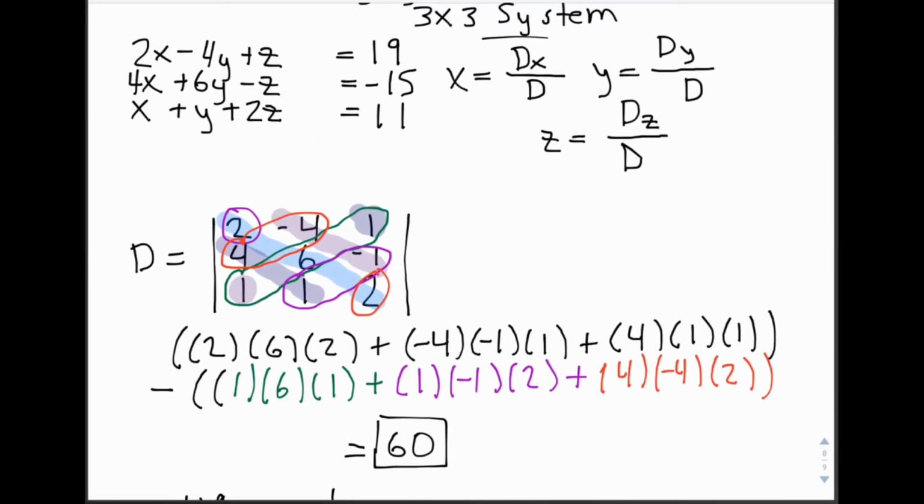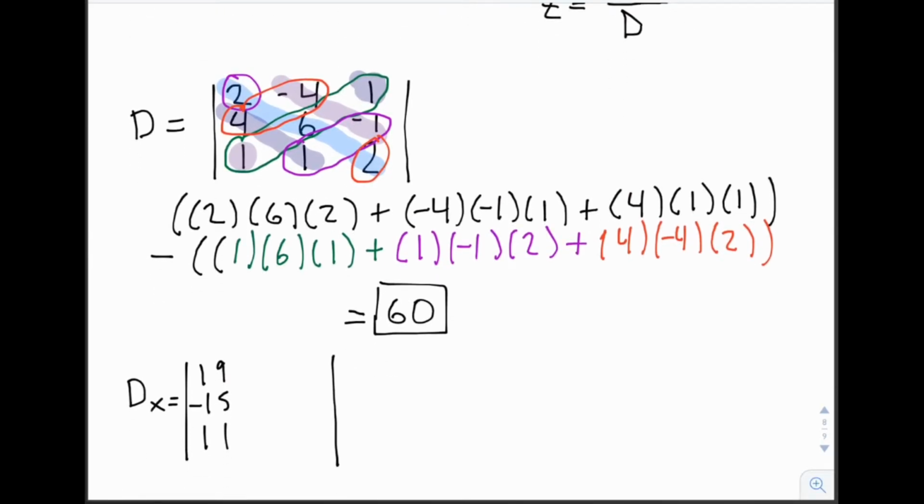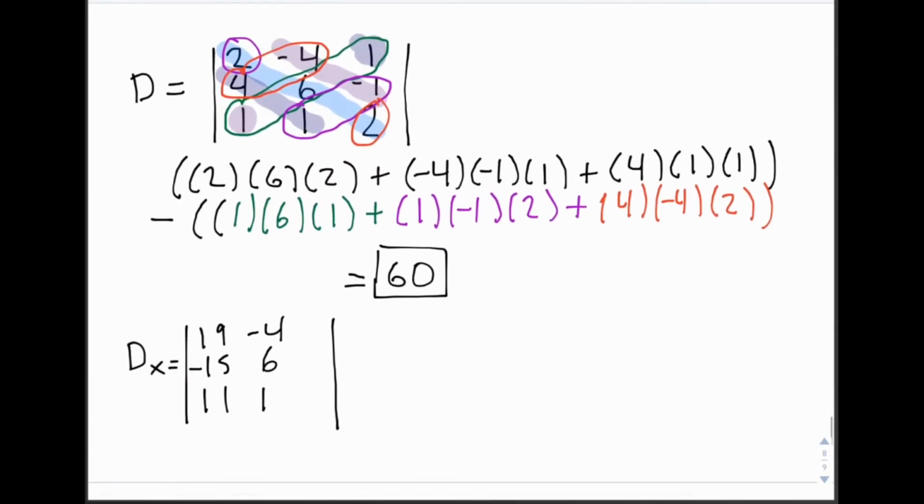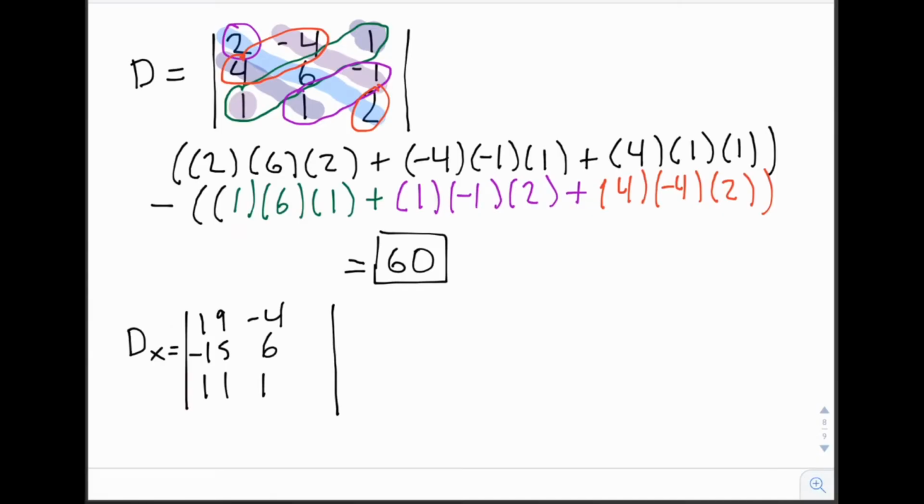So we have our -4, 6, and then 1. And our last is going to be our z, which is a 1, -1, and then a positive 2.